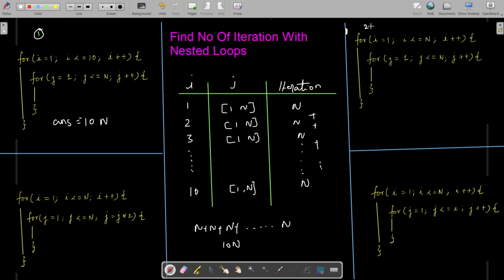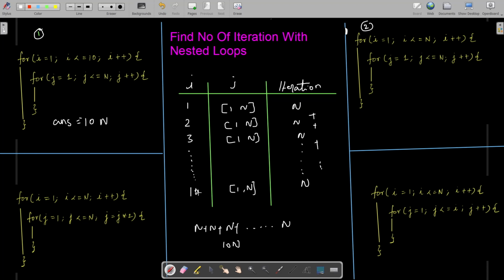Let's see another example. Now question number 2. The question is very simple. If your i is equal to 1, it goes on till n. Let's look at the j loop. The j loop starts from 1 to n, so the j loop will take n iterations if your i is 1. If your i is 2 also, the j loop will take n iterations.